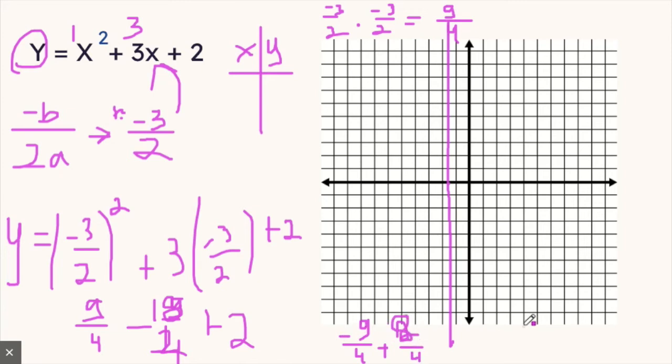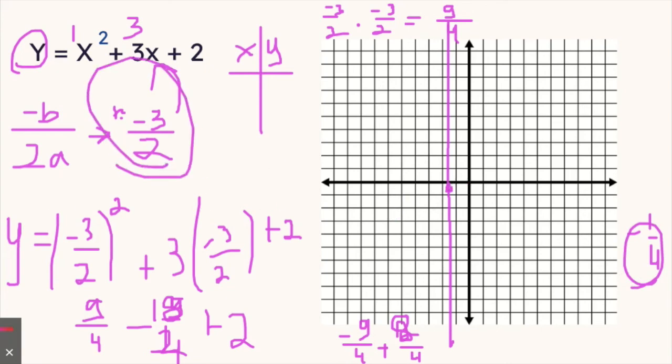Negative 9 over 4 plus 8 over 4 is going to give us negative 1 over 4. That's going to be about here, when this is our y value and this is our x value. So our vertex is about here.